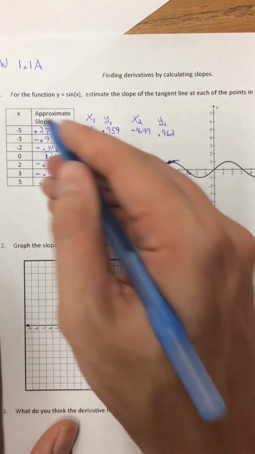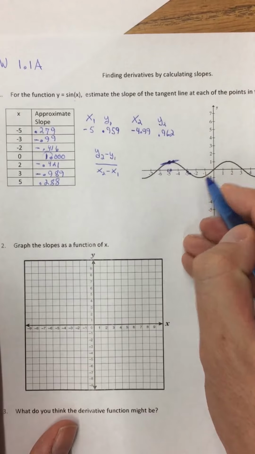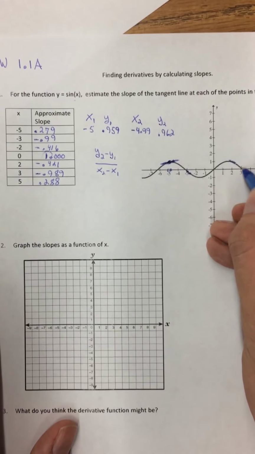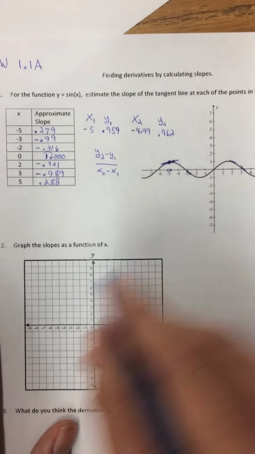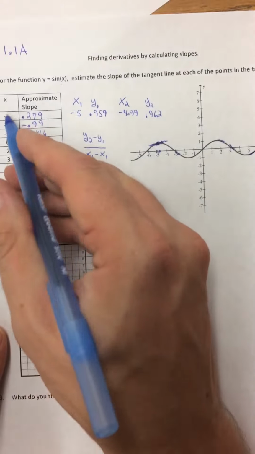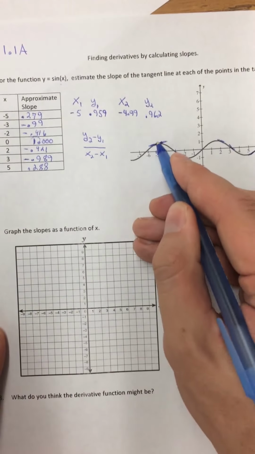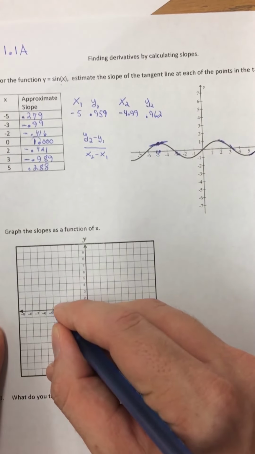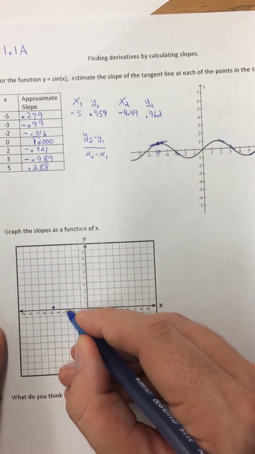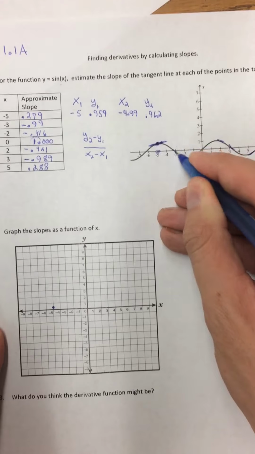So once you have the approximate slopes at all these different places on the graph, we're going to graph what these slopes are to see if we can come up with what the derivative function is. When x is -5, the slope of this line was about 0.3. When x was negative 3, the slope was about negative 1.